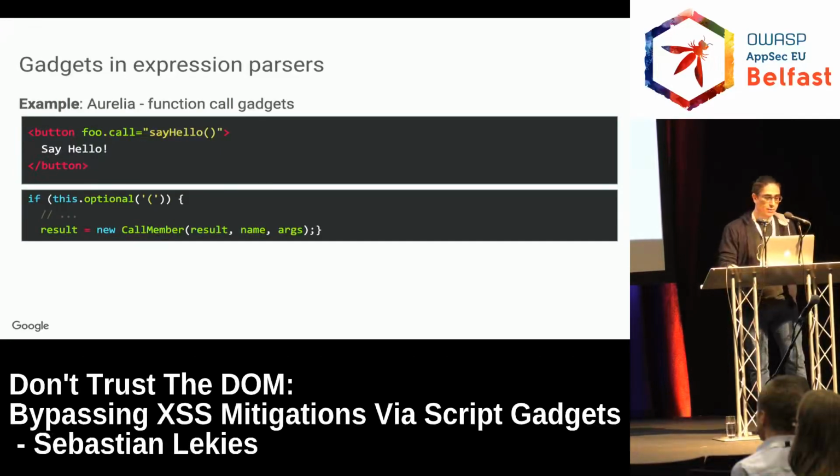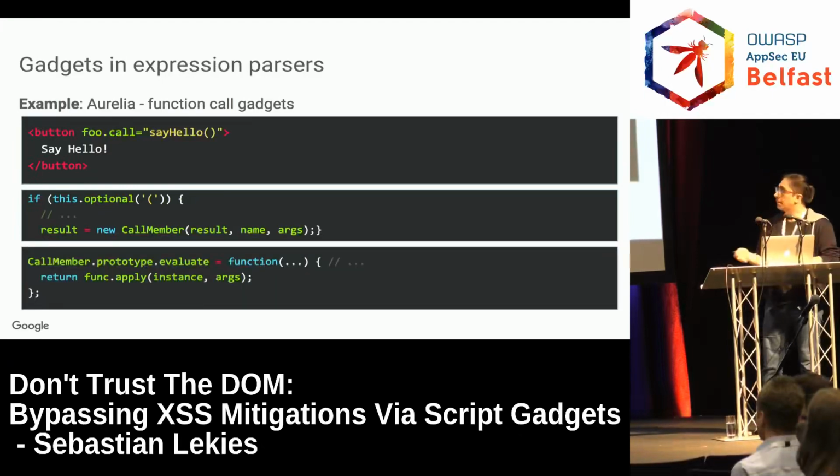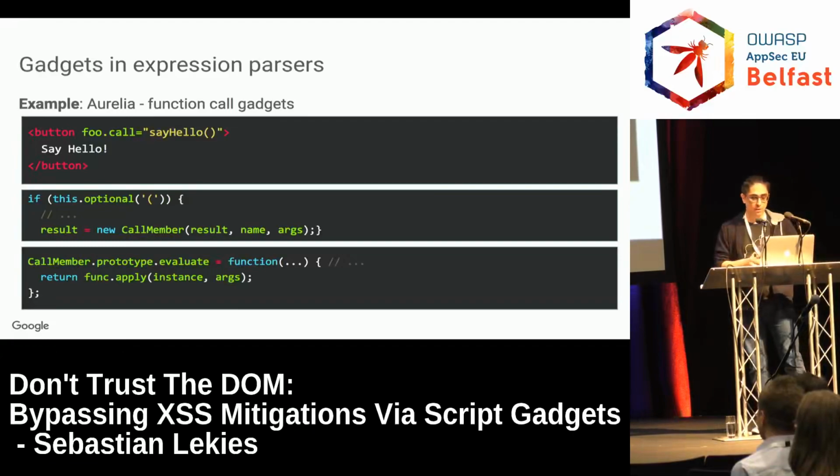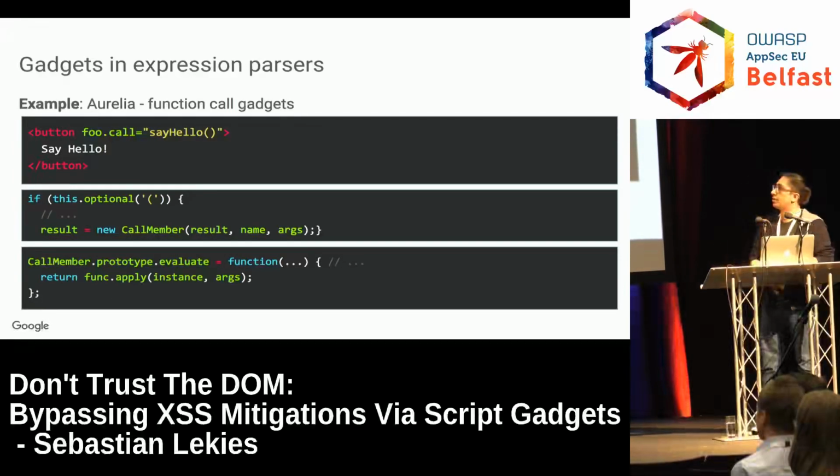Later on, when this expression is to be evaluated, which usually happens when, well, the template is being rendered, for example, the function is called. So the func is supposed to be a reference to the say hello function here, again a piece of legitimate JavaScript code, part of the application using the Aurelia framework. And this function is simply being called. Function.apply in JavaScript is just calling a function bound to a given object and with certain arguments being passed.